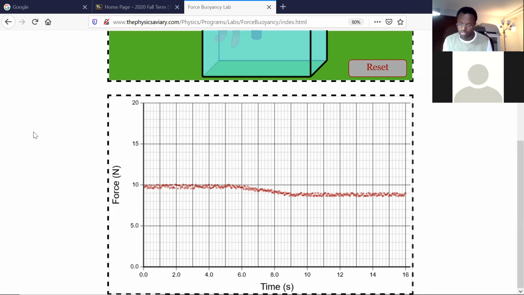They call it AG here, gravitational acceleration. And for the third part of the lab, the buoyant force will again be on the vertical axis, but the volume of the bottle will be on the horizontal axis. Then you will need a graph and the equation for that also.